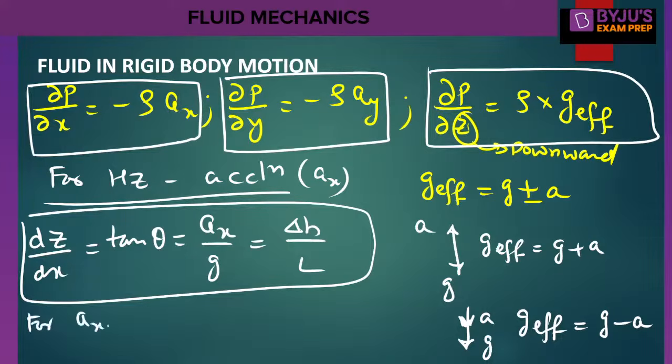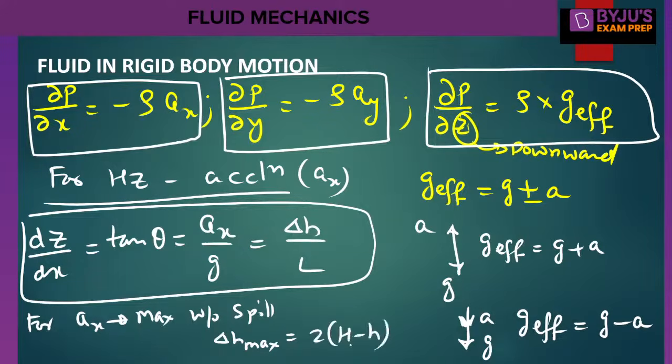For AX to be maximum without spill, delta H should be maximum, that is equal to capital H minus small h, twice of capital H minus small h. For maximum acceleration without spill, it is independent of density of the fluid.